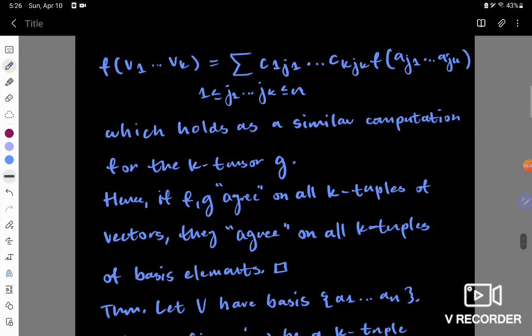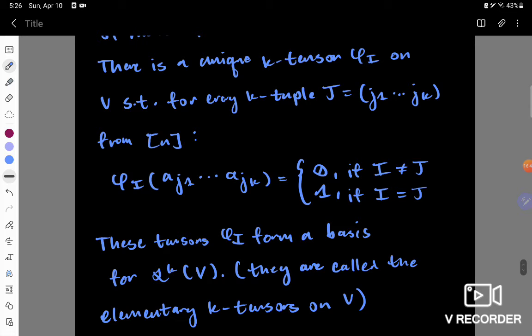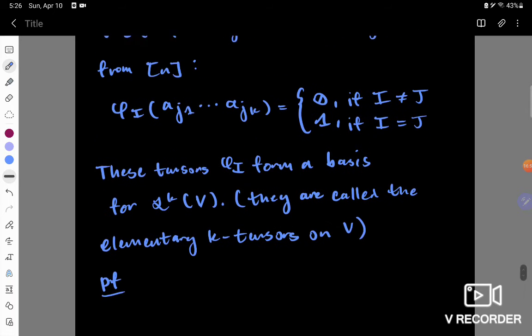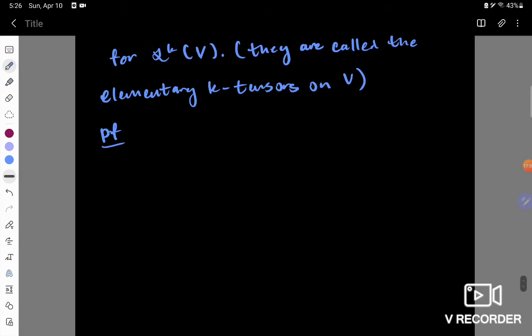So that is the uniqueness property, except we're just specifying it like this, and if they share this property, they must be equal. So that is uniqueness of this given k-tensor phi sub I for each k-tuple of indices. Let's show existence. Existence of these phi sub I's.